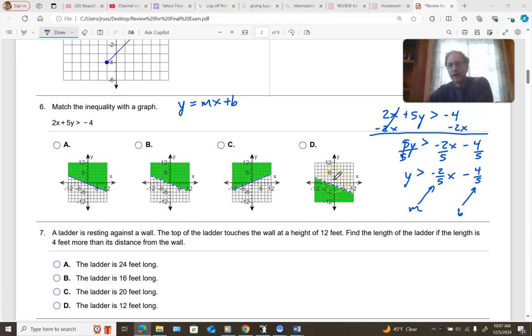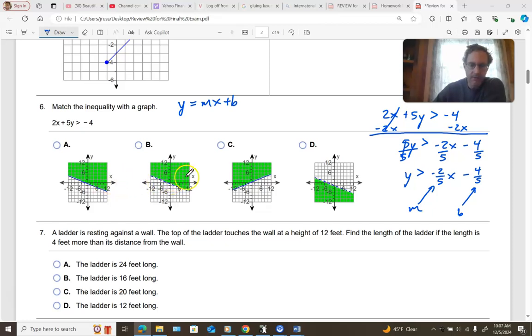Well, wait a minute. No, I'm wrong on this, I think, because these are in increments of 2 and not 1. See? So because of that, it cannot be D, because here it crosses at negative 2. It cannot be C, because it's crossing a little bit above the x-axis here. So it's either A or B.